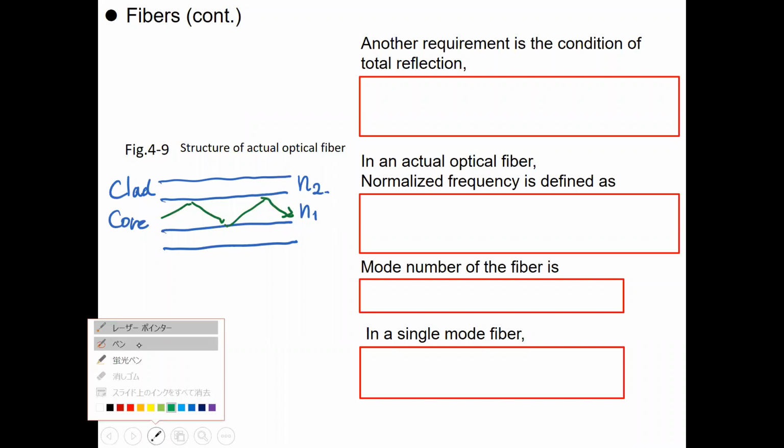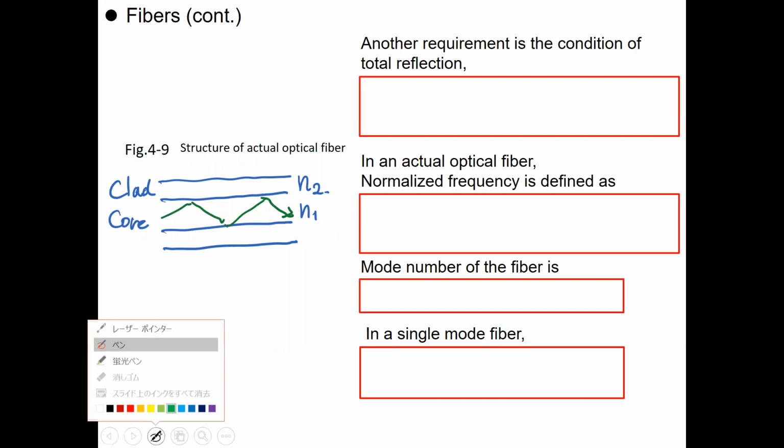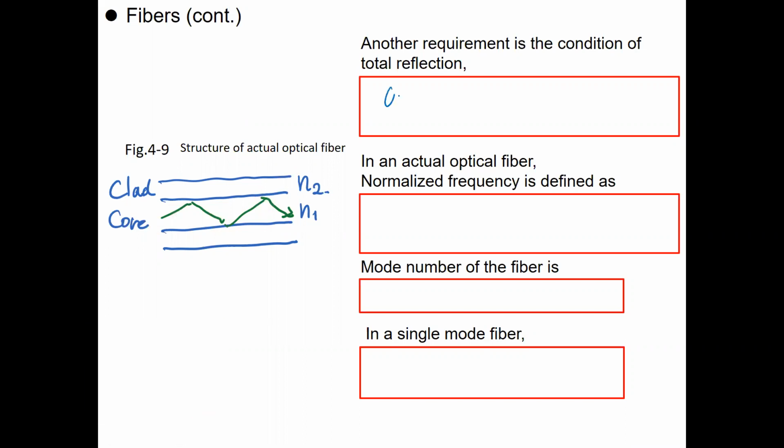To stop this, you need the condition of total reflection, which we've already studied. The critical angle is sine inverse of n2 over n1. So the necessary condition is that theta is larger than theta c.